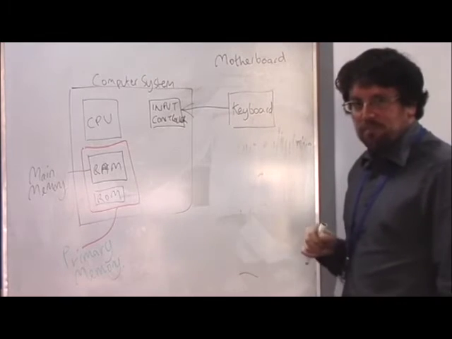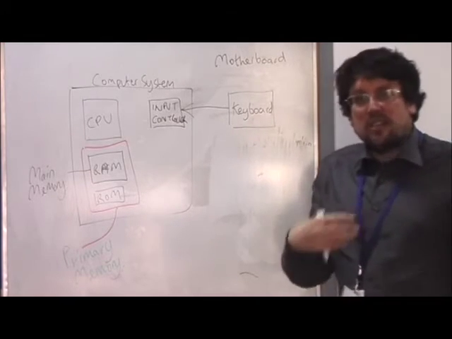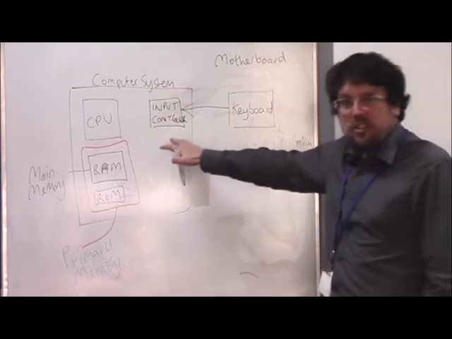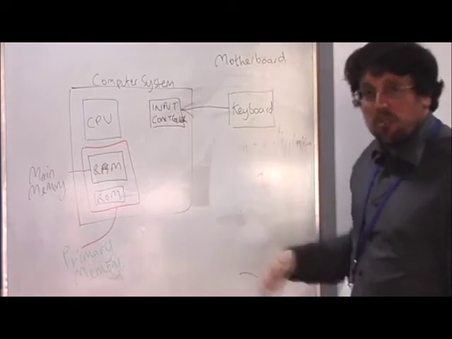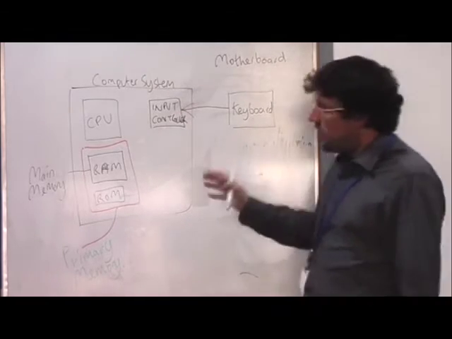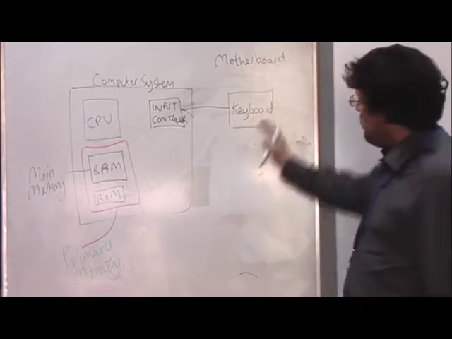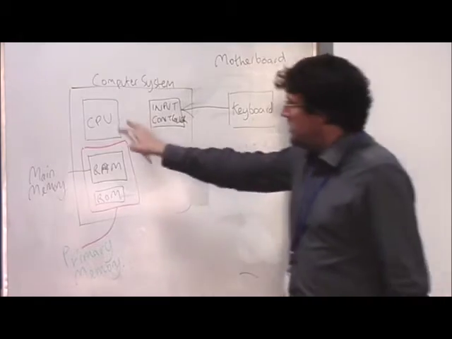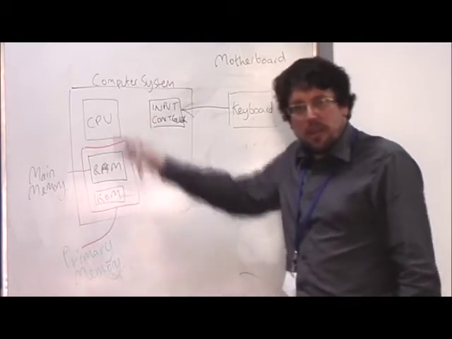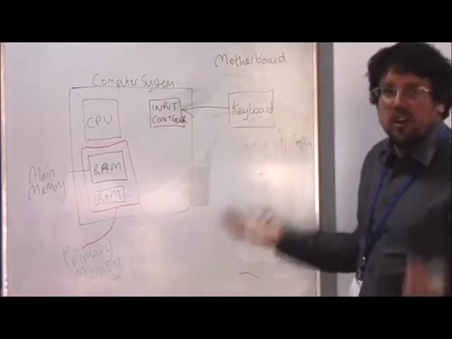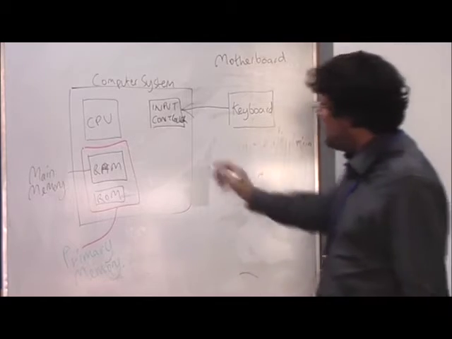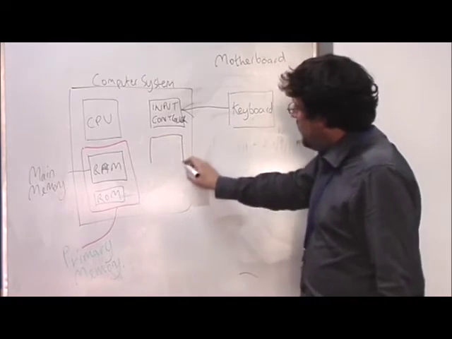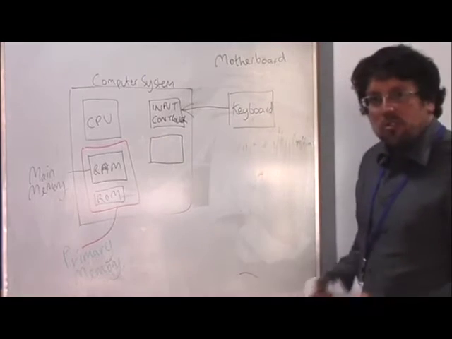Now, if I want to interact with my computer system, I don't just need to input data. I also need to see what it's done for me. There's no point in inputting some data, the CPU doing something to it, and then not being able to see what it's done. Okay, so there needs to be some way for me to see what the computer is doing.